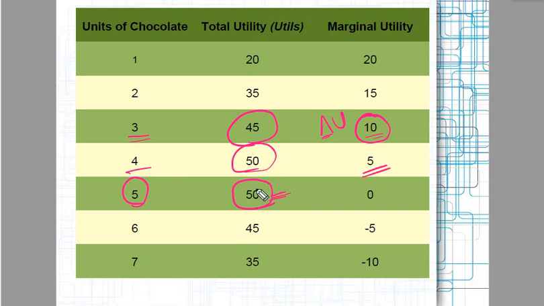Your utility doesn't change. That means you don't really want this fifth. You can have it or you can not have it. You're fine with both. It's like when you're eating, and you've all had that feeling, right? Especially with food, we might want to have another piece of bread, or we may skip it.